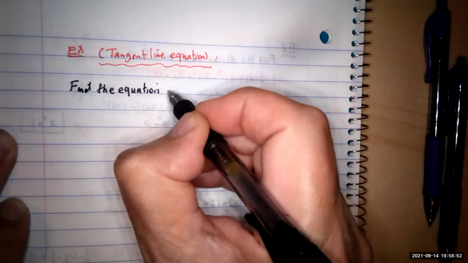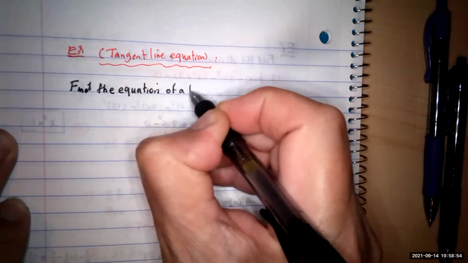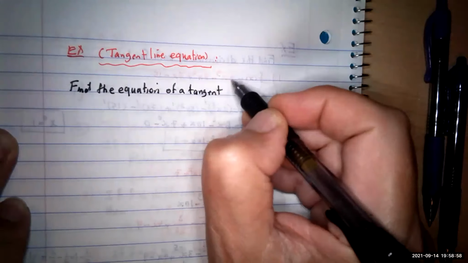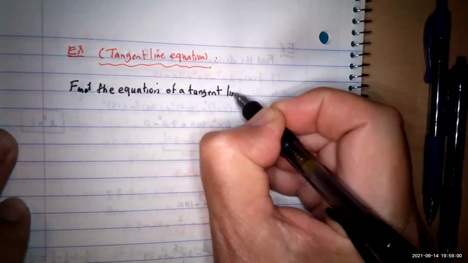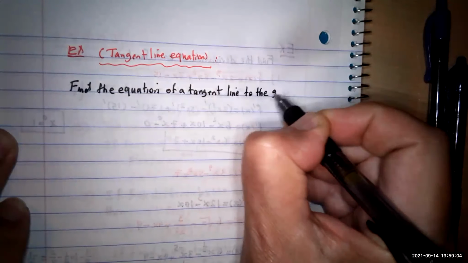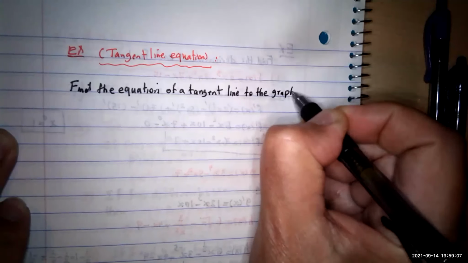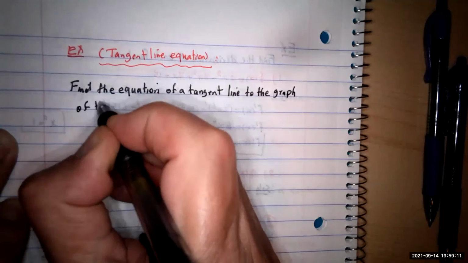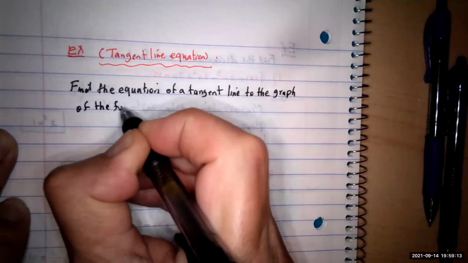Find the equation of a tangent line to the graph of the function.